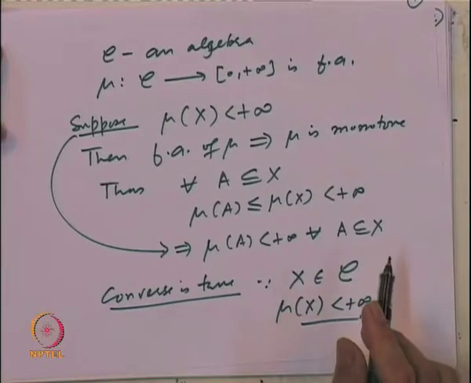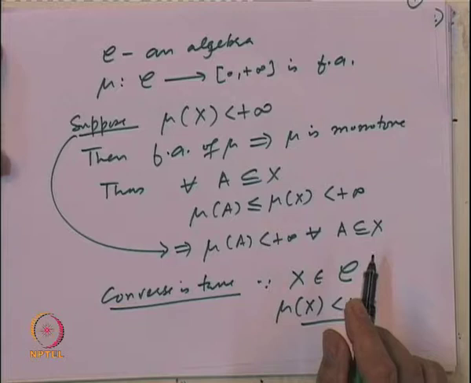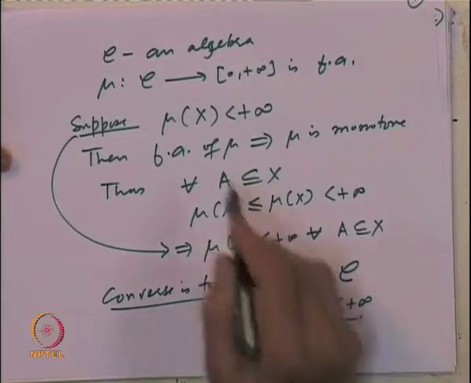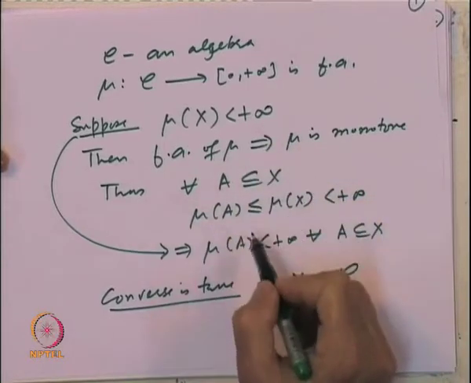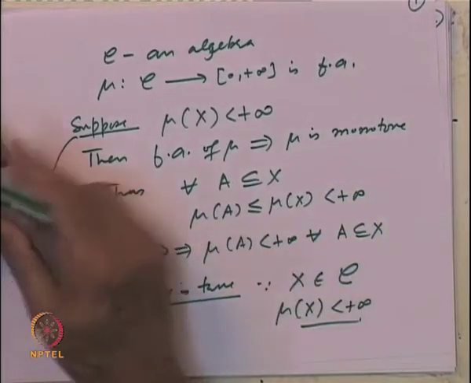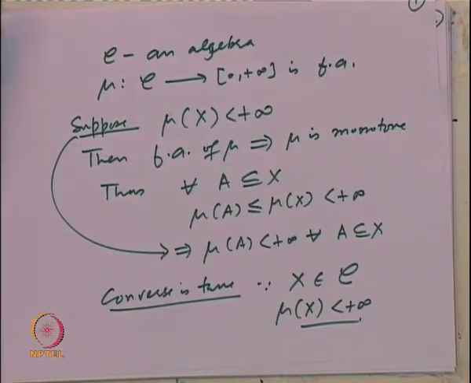So, whenever we are dealing with finitely additive set functions, saying mu is totally finite, it is enough to say that mu of X is finite, and as a consequence mu of every subset will be finite. So, this is an easy consequence: for a finitely additive set function on an algebra, mu of the whole space being finite is the same as saying mu of every A in the algebra is finite.